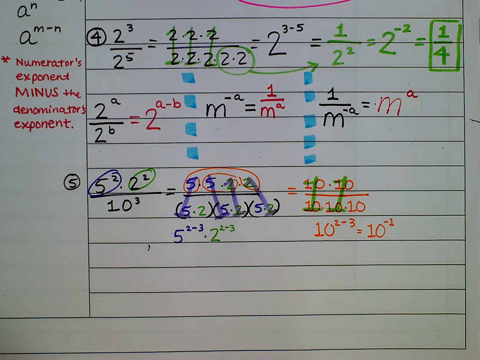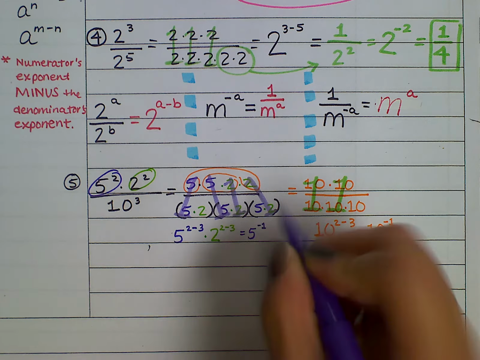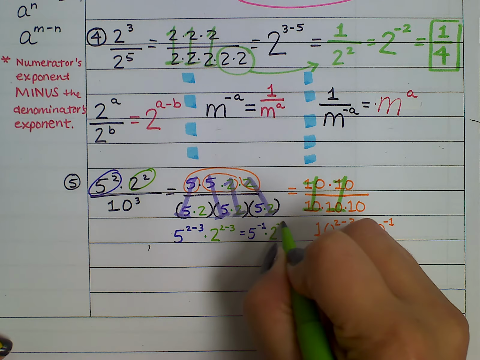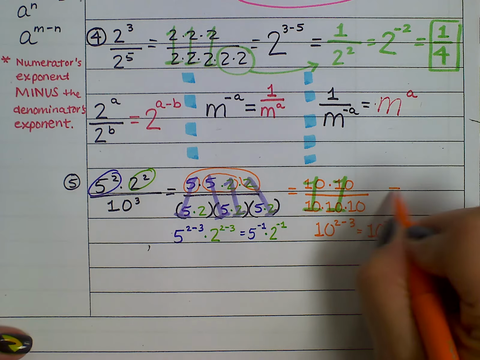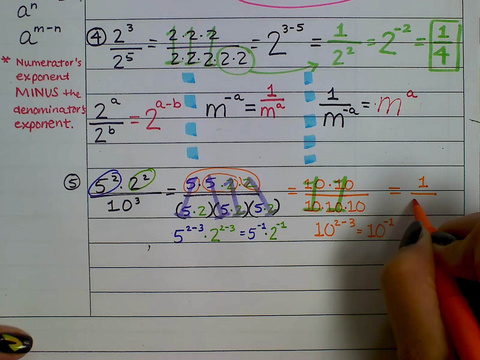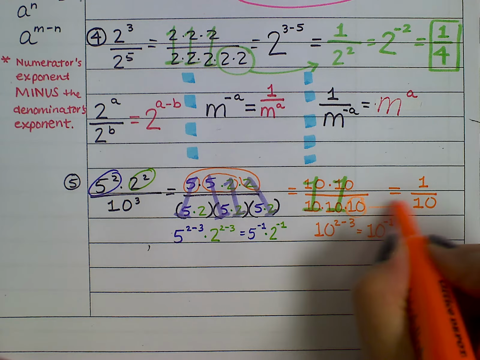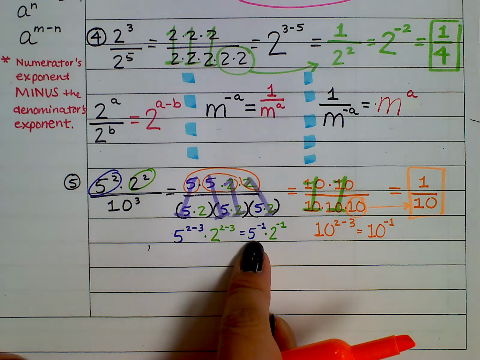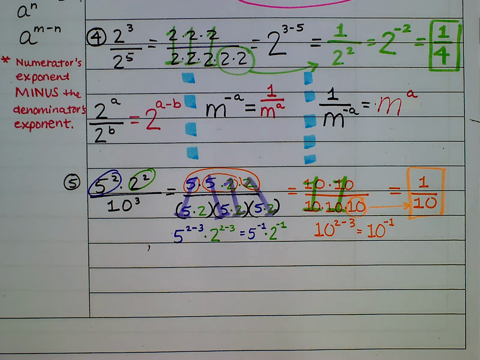That would leave us with 5 to the power of negative 1 times 2 to the power of negative 1. Nonetheless, we're getting our final answer as 1/10 because all we have left here is a 10, or 10 to the power of negative 1. 5 and 2 would be thrown down to the bottom, so we get the same answer.